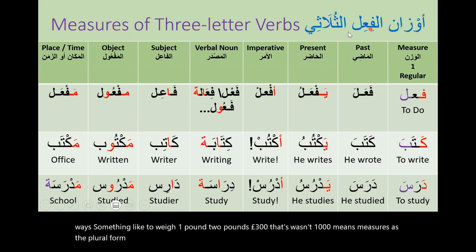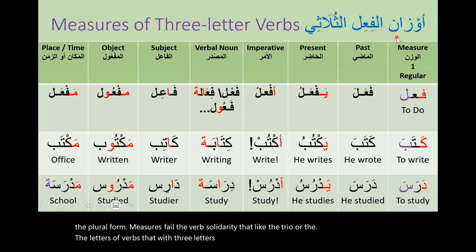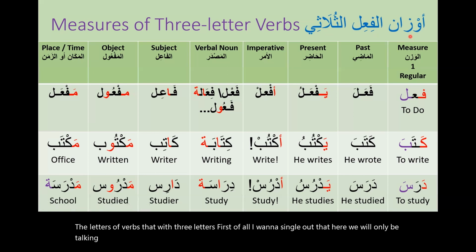فعل, the verb. First of all, I want to single out that here we'll only be talking about three-letter verbs. As you can see here, Kataba, 3 letters, Darasa, and so on and so forth.